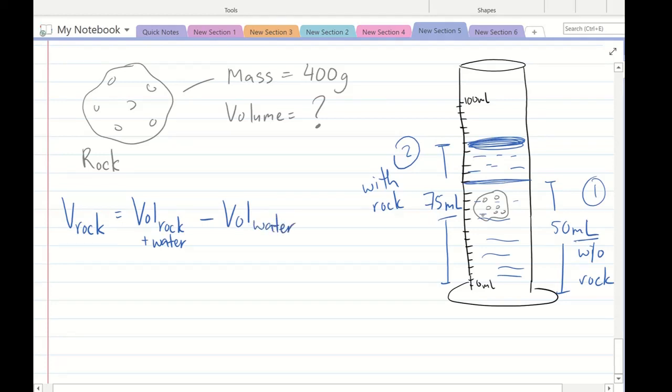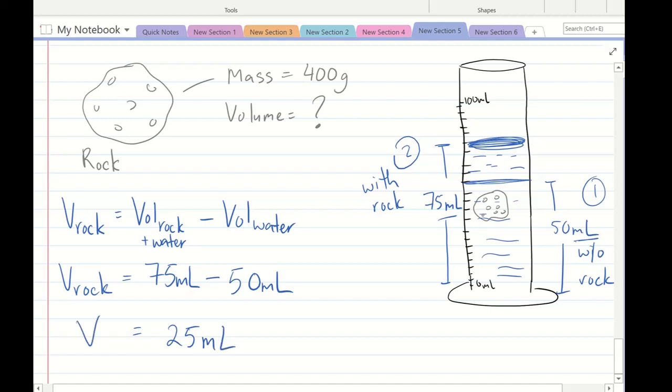Don't get caught up with the words too much. Think about what's happening. The volume of the water was just 50 milliliters. With the water and the rock, it became 75 milliliters. So if you take the volume of the water out from the volume of the rock and water, you're just going to get the rock by itself, which here in this case is easy. 75 minus 50, you get 25 milliliters, the volume of the rock.